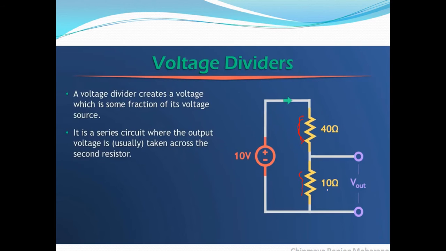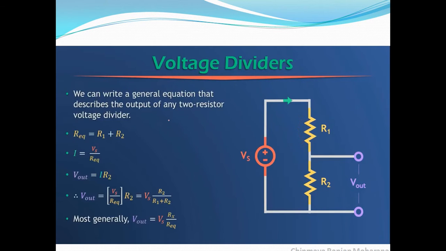Here we are using, what is the value of voltage in the 10 ohm resistor, so that we come to a point, that is the voltage divider formula. The voltage divider formula is defined as: we have to calculate first the total equivalent resistance, that is our R1 plus R2.